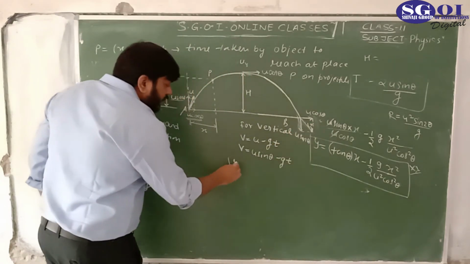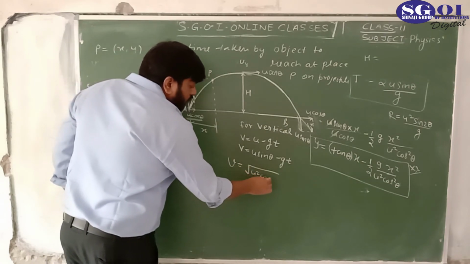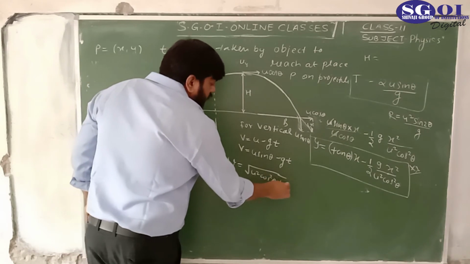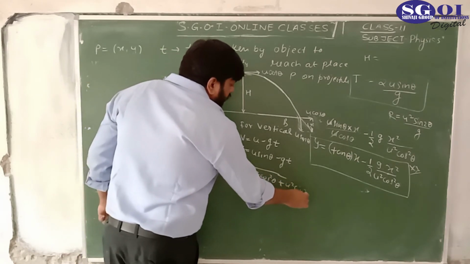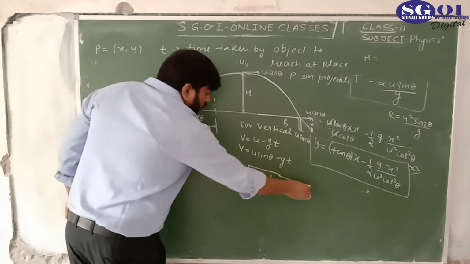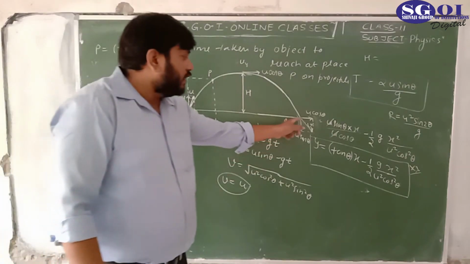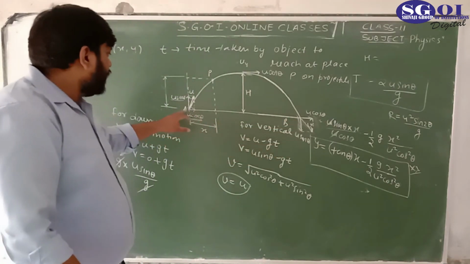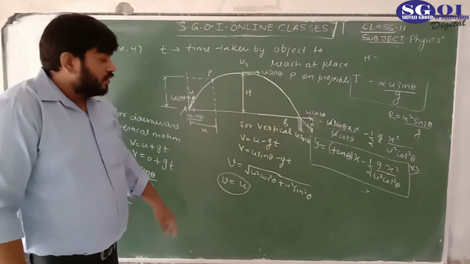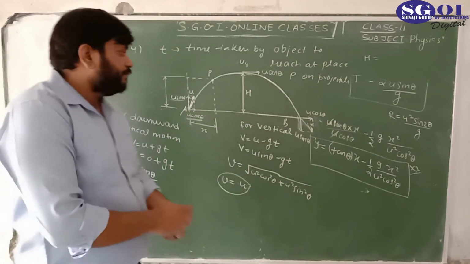So what is v? The magnitude of v is the square root of u square cos square theta plus u square sin square theta. If we take u square common, v equals u. It means at this point the final velocity v and the initial velocity u are the same in magnitude.